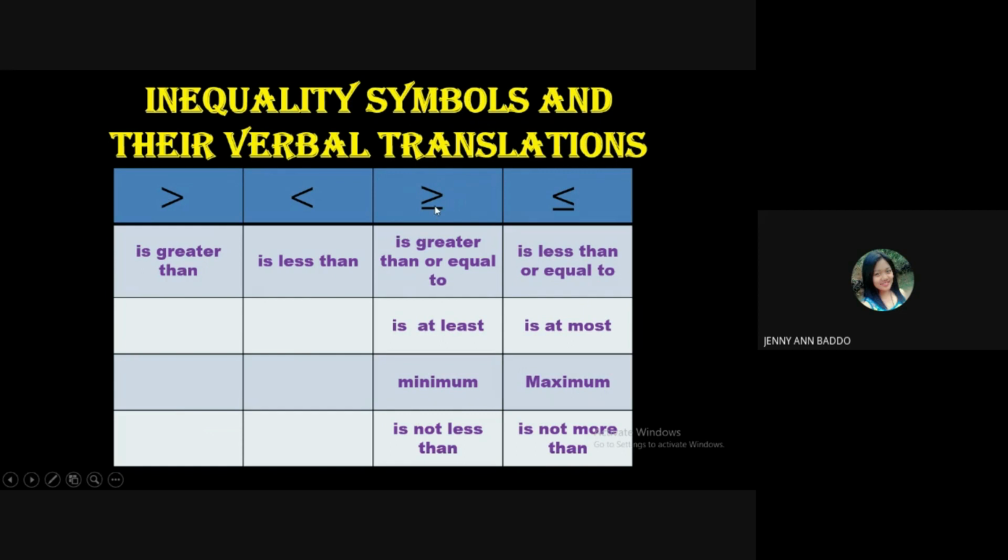Take note, it's a combination of greater than and equal to. In verbal translations, we have is greater than or equal to, so it can be both greater than or equal to. We also have is at least, minimum, and is not less than. For less than or equal to, we have is less than or equal to, is at most, maximum, and is not more than.